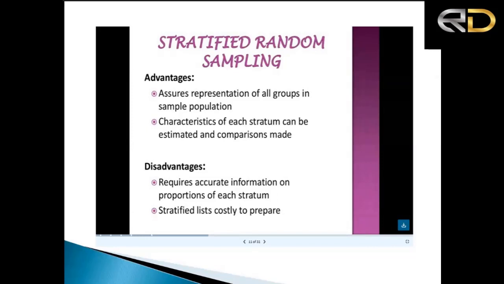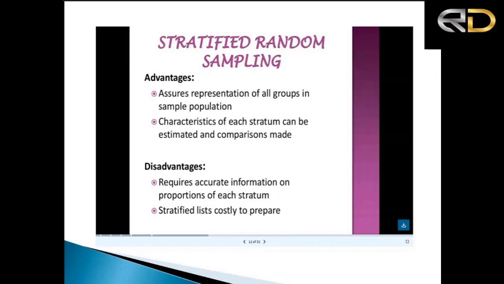So this way we take the proportional allocation, and another one is optimum allocation, and there are 2 ways to optimize the selection: either you fix the cost and minimize the variance, or you fix the variance and minimize the cost. It is very easy to fix the cost and minimize the variance, and very hard to fix the variance. We cannot fix the variance.